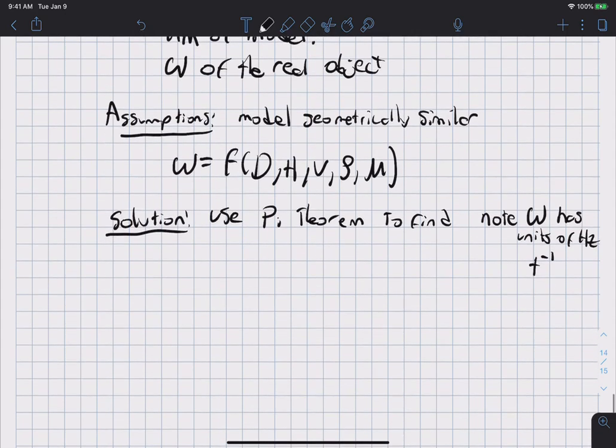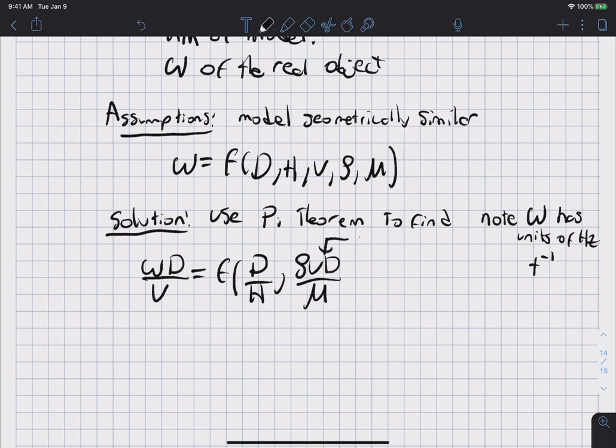But if you use the pi theorem and you don't make a mistake, what you'll find is that omega times d over v is equal to a function of d over h and the Reynolds number, rho V d over mu. So this is the Reynolds number.